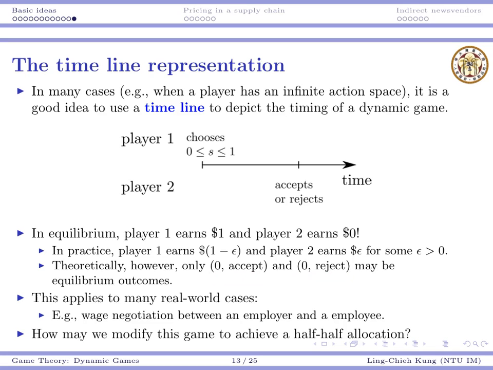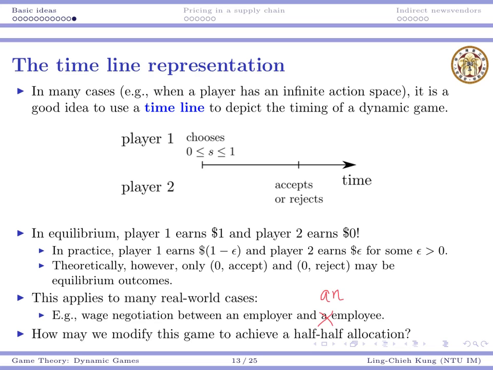Think about wage negotiation between an employer and an employee. If you are an employer and you are going to give your employee a certain amount of money as the salary, what will you do as an employer? You will try your best to make the wage as low as possible, right?